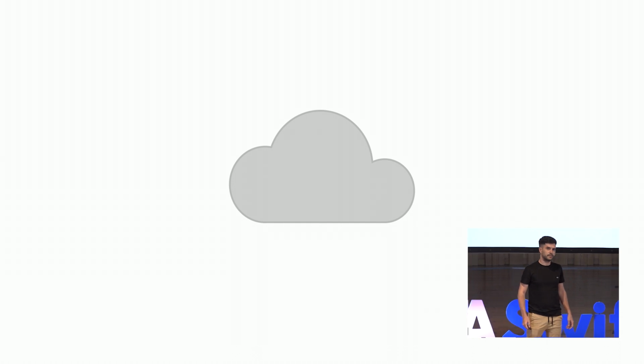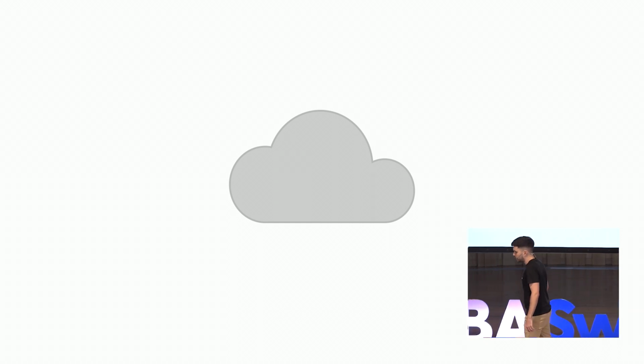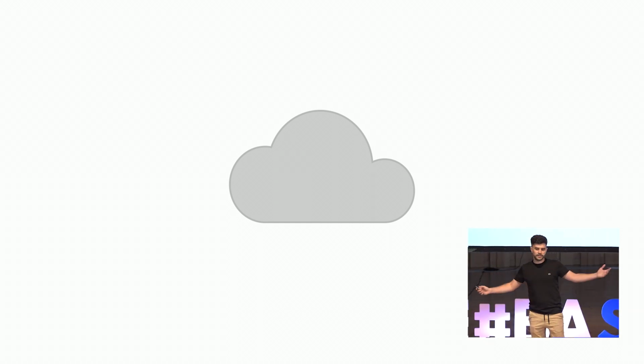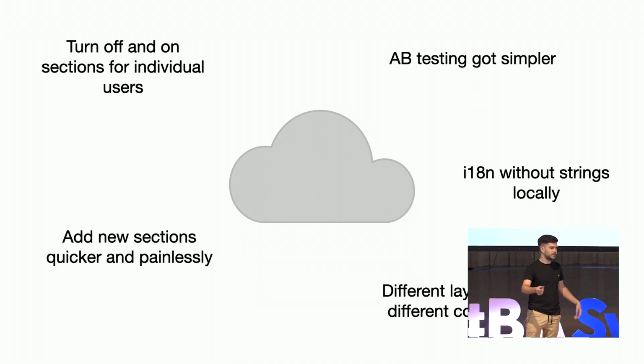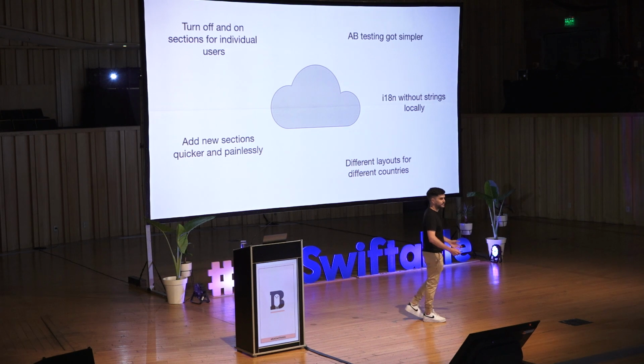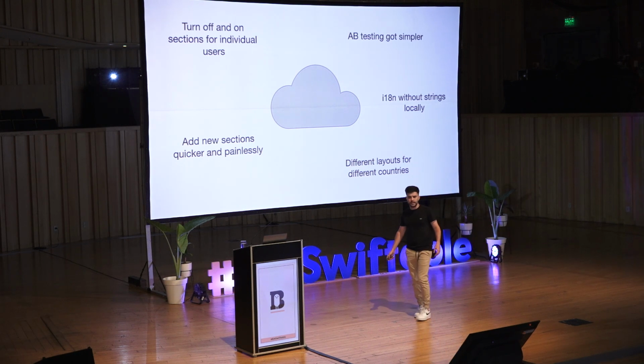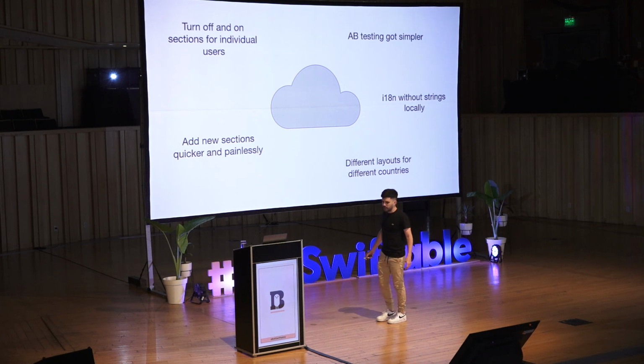Moving all the content decisions, the layout decisions, the order of the sections to the cloud enabled us to do a lot of things. We could toggle on or off sections to individual users. A/B testing, just like before, became way easier. We didn't need anymore to have strings localized in the app.